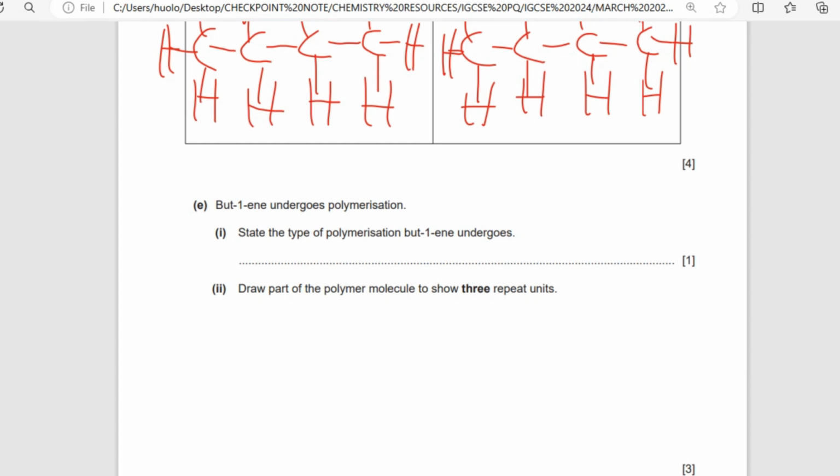There will always be a loss of water. So a water molecule is lost and a big molecule of ester is formed. That's a condensation reaction, and condensation polymerization if you go polymerizing.